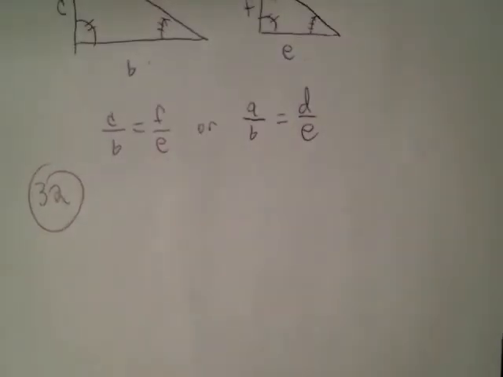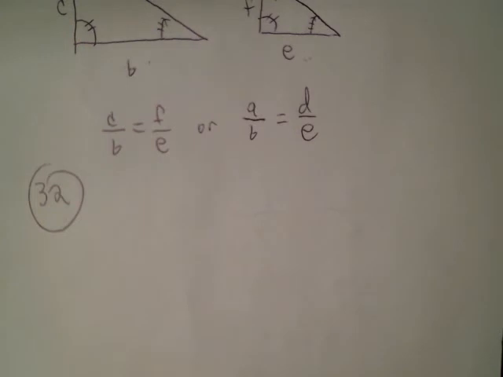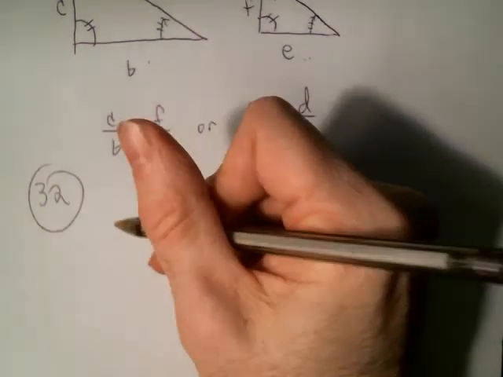We'll look at this in one more example. 32 says a person who is 5 feet tall is standing 80 feet from the base of a tree. The tree casts an 86-foot shadow. The person's shadow is 6 feet in length. What is the height of the tree? So you're using shadows and similar triangles to figure out the situation.